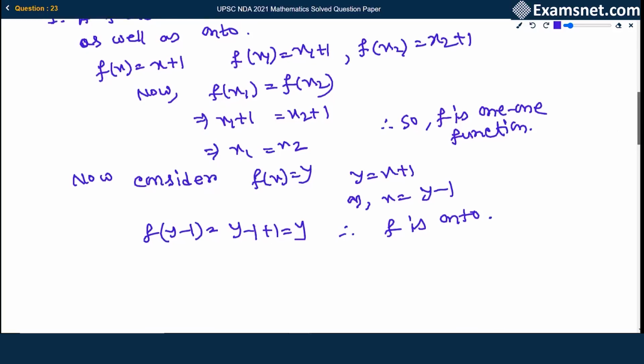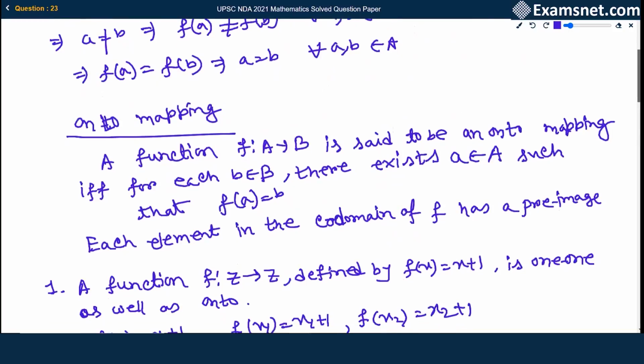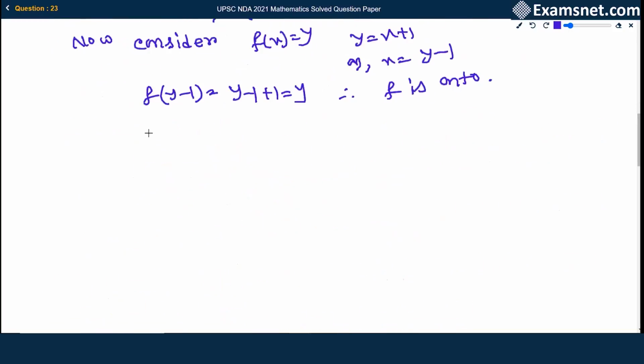Now if we discuss from the point of view of examples, since it's an integer set, let's say Z: -3, -2, -1, 0, 1, 2, and another Z set: 3, 2, 1, 0, -1, -2. Now look here, -3 maps to -3 plus 1, that is -2.